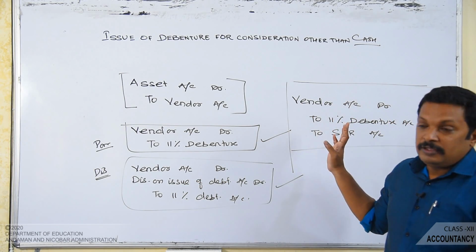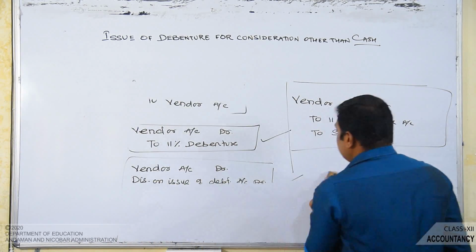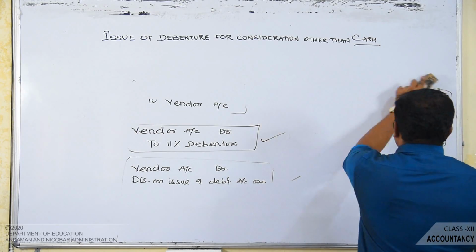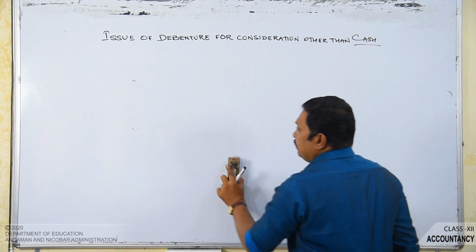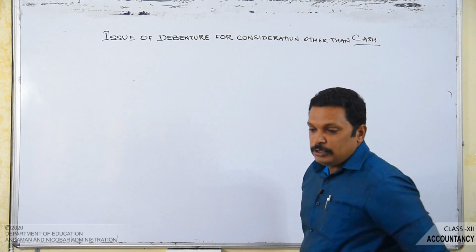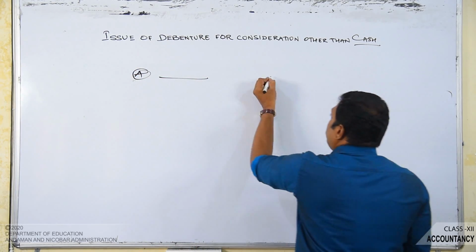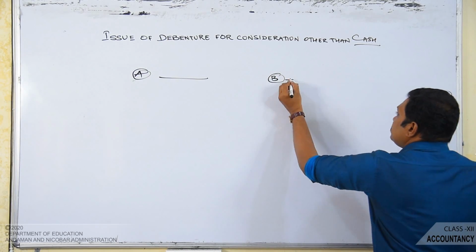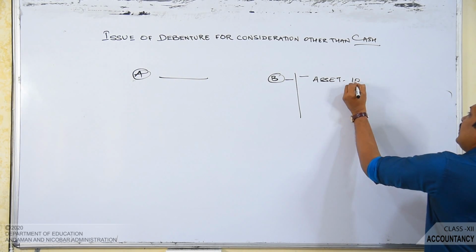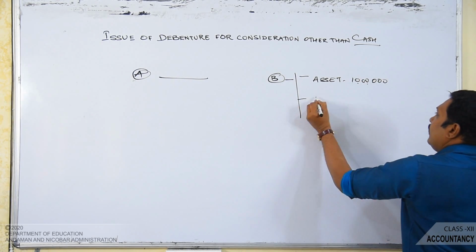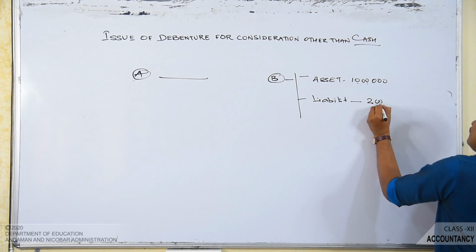Suppose we purchase another business, then how do we pass the entry? For example, our business name is A and we are going to purchase the business B. The business already has assets of rupees 10 lakh and liabilities of rupees 2 lakh.